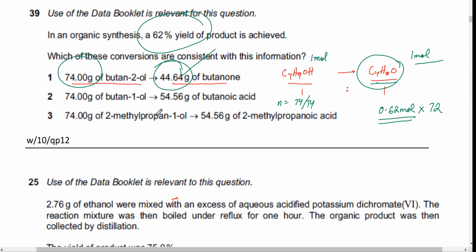Okay, and you can check the others in the same way. Butanol will be 1 mole. Make sure that if the yield is 62%, whatever the theoretical value is, you're going to get 62% of that. Is this question clear to everyone? Yes or no?